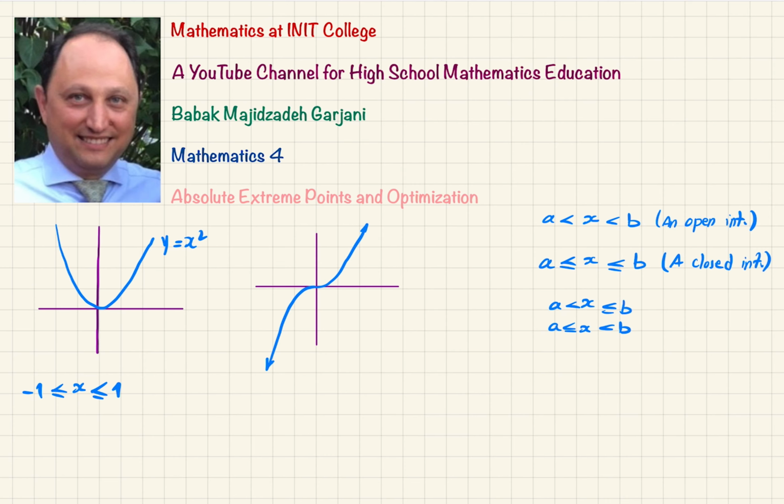Then what happens? For this function here, if I give -1 to my function, the y value becomes 1. So this is one of the points, and I put a filled point there. Why? Because -1 is acceptable for me.